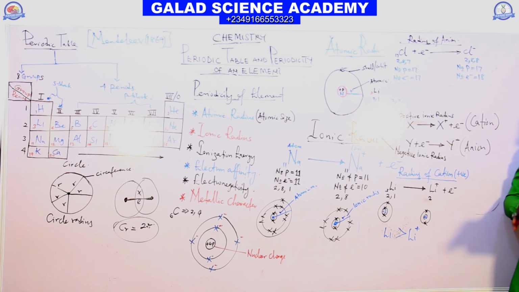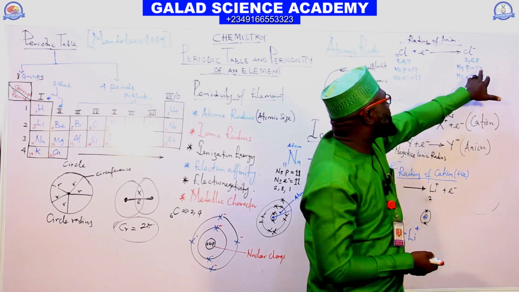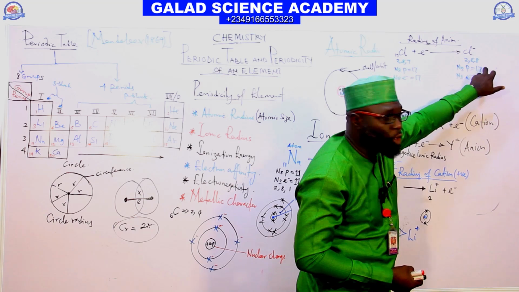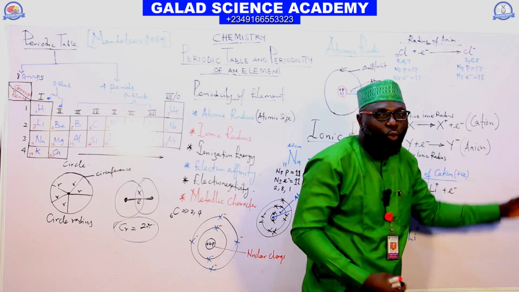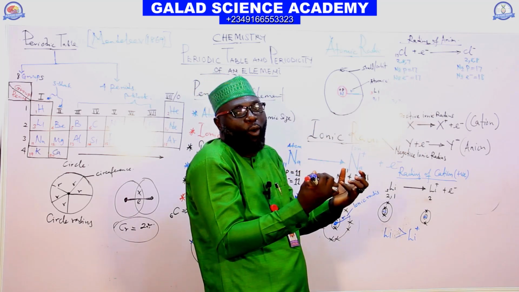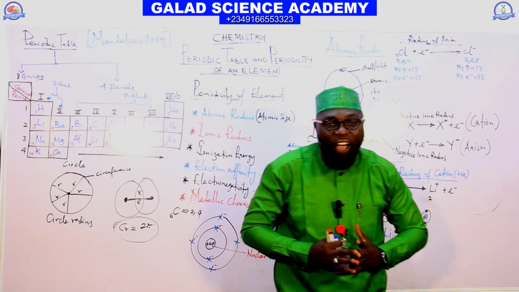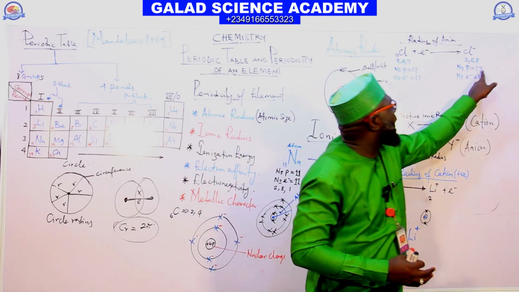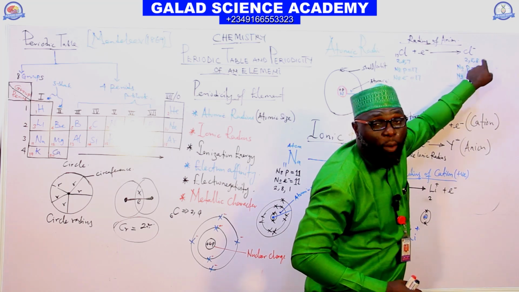So the 17 protons which we have inside the nucleus of an atom will find it difficult to draw 18 electrons to themselves. And out of that, the electrons will have room to expand because they are more than the protons.